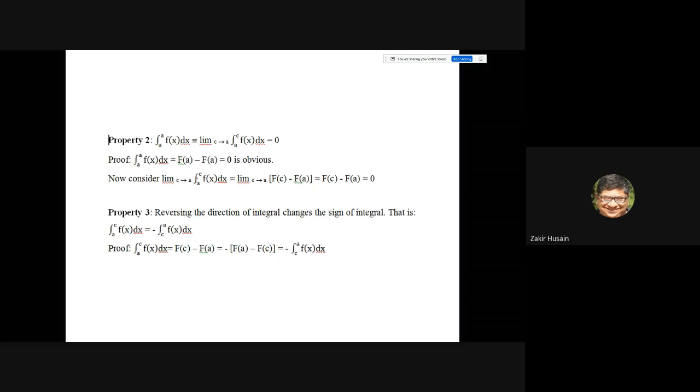Let's see if I can prove this. I'm taking this part, and we can write this as F(C) minus F(A), and this is equal to the limit as C tends to A. From this, as C tends to A, we can write this as equal to 0.